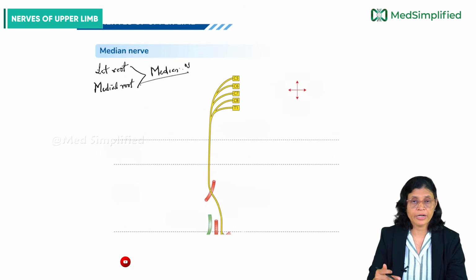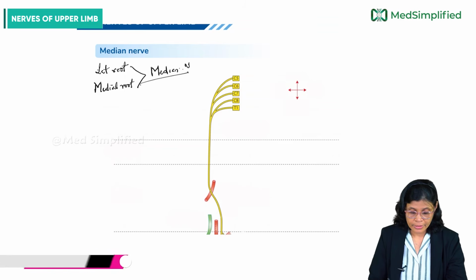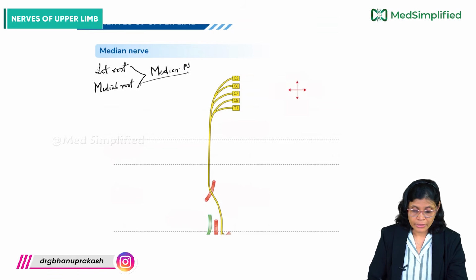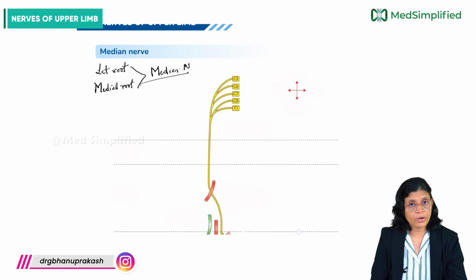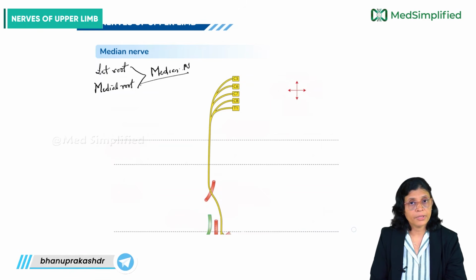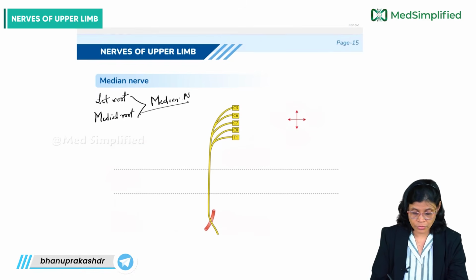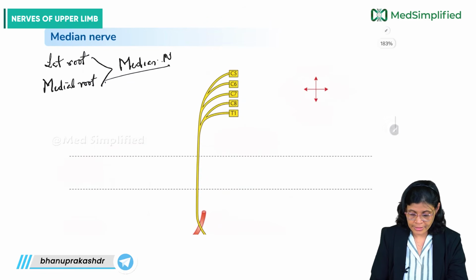It is formed in front or on the lateral aspect of the axillary artery, the median nerve in the axilla. Since it arises from both the lateral cord as well as the medial cord, the lateral root is coming from the lateral cord of the brachial plexus and the medial root from the medial cord. So the root value of the median nerve will be C5, C6, C7, C8 and T1.